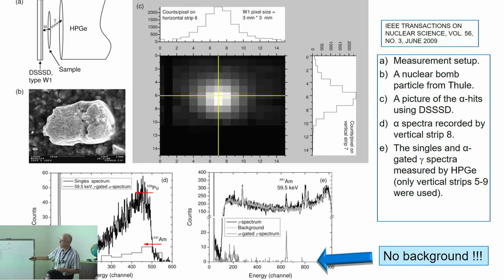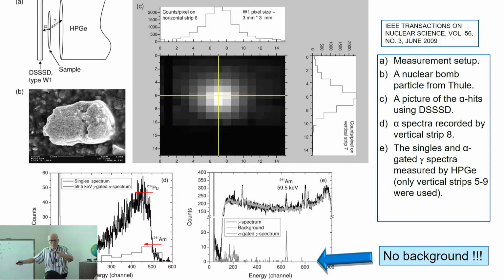So these are coincidence spectra. You can see here some counts, not very many in this case. Counting time was so small. But these are only americium, nothing else.